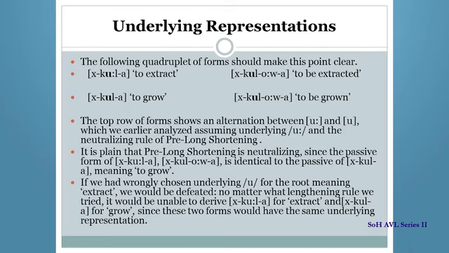It is plain that pre-long shortening is neutralizing, since the passive form zakuloa is identical to the passive zakula, meaning to grow. If we had wrongly chosen underlying short u for the root meaning extract, we would be defeated no matter what lengthening rule we tried. It would be unable to derive zakula for extract and zakula for grow, since these two forms would have the same underlying representation.